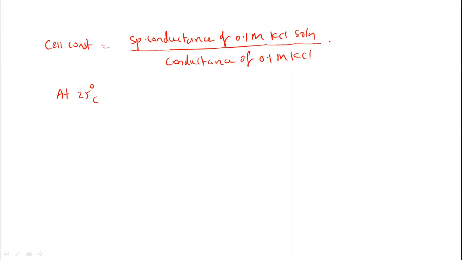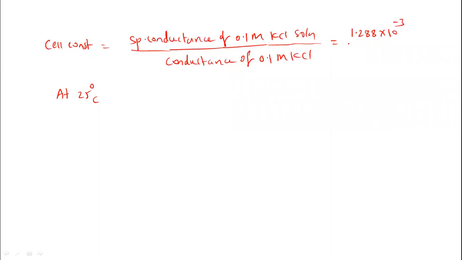The specific conductance of 0.1 normal KCl solution is a given value. It is around 1.288 into 10 raised to minus 3.